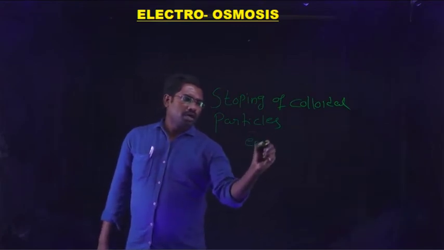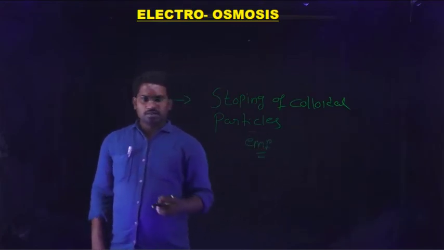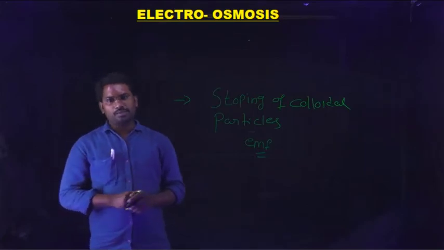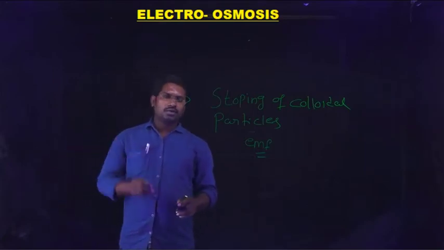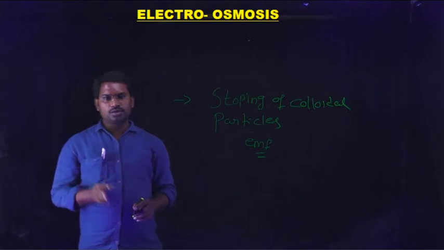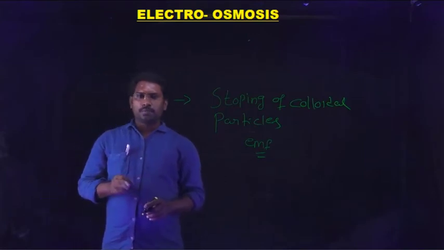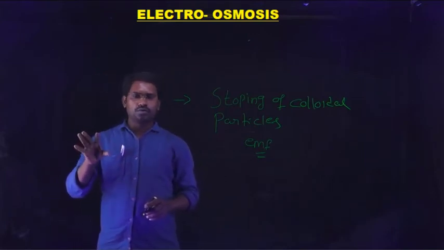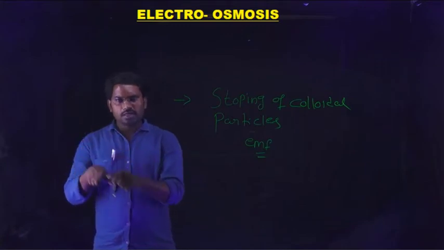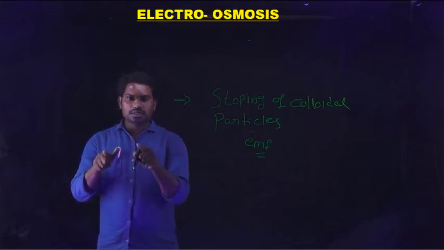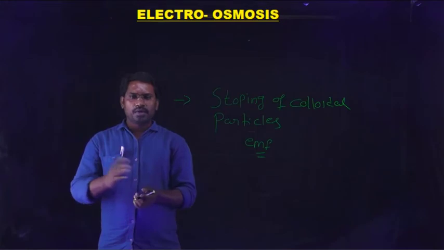But how are the colloidal particles stopped when we are applying EMF? In the previous slide you saw the instrumentation of electrophoresis. In that method, colloidal particles move to the oppositely charged electrodes by applying EMF.